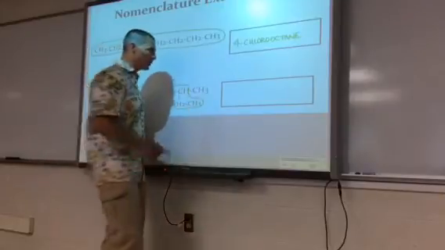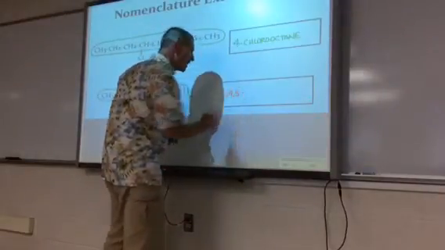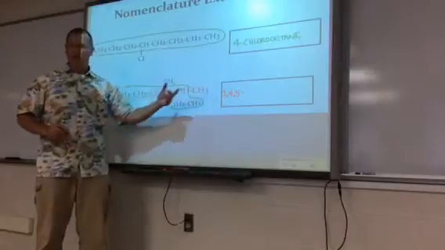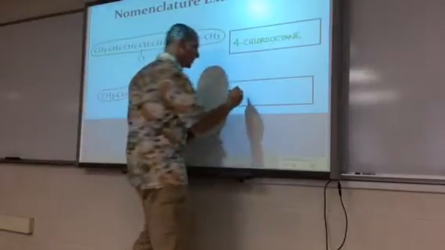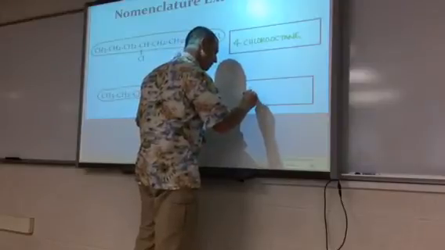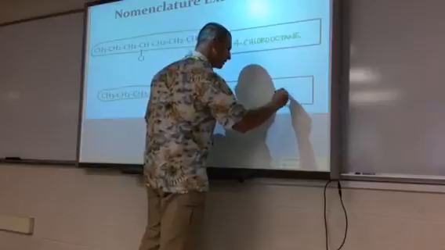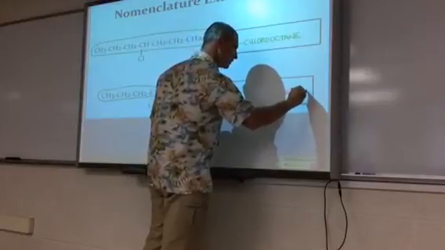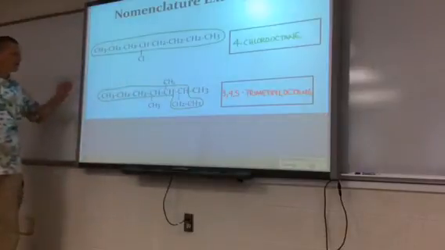So the way that we would name this thing is 3, 4, 5. So you're going to put 3, 4, 5, and they're all methyl groups. So it's trimethyl octane. That'd be the name of that thing.